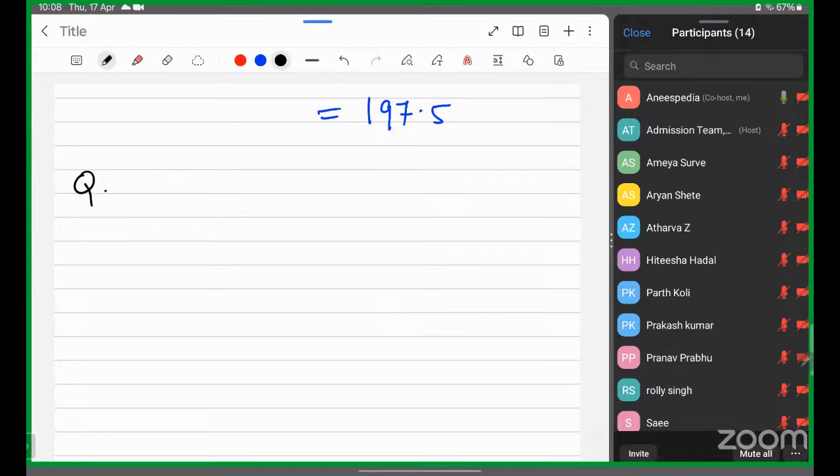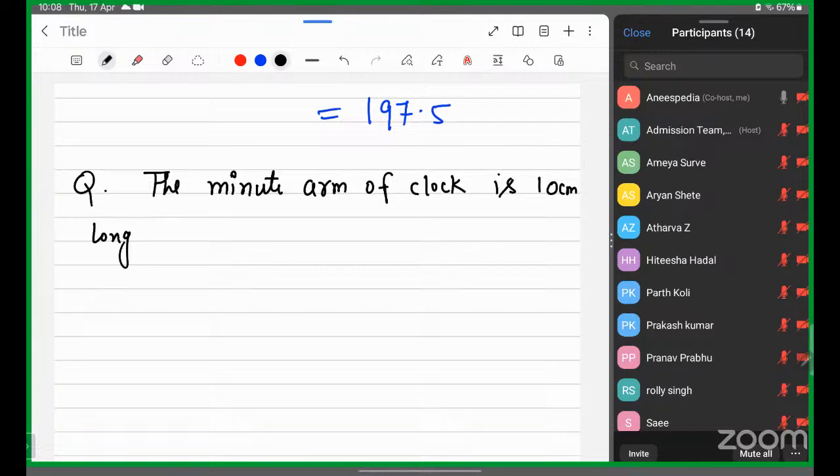Question is, the minute arm of a clock is 10 centimeter long.